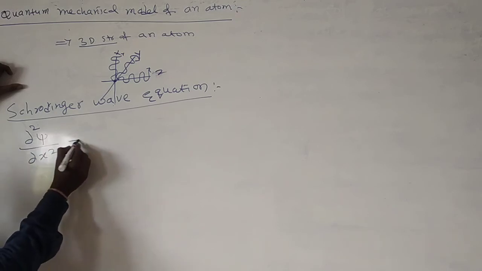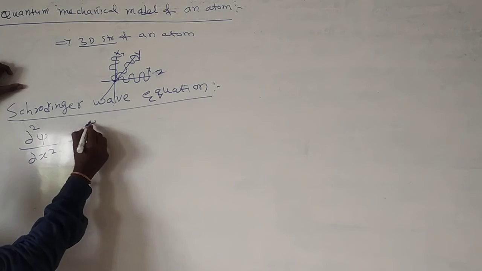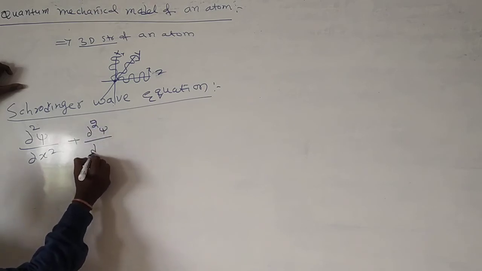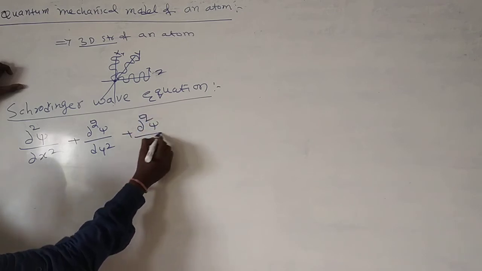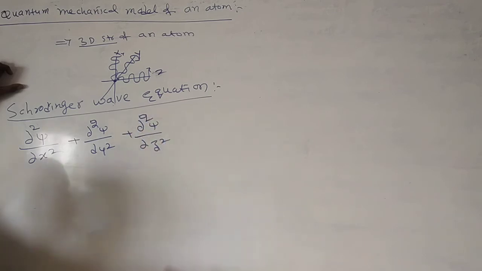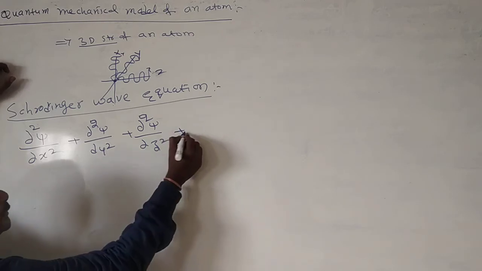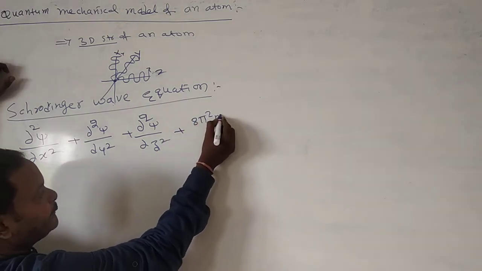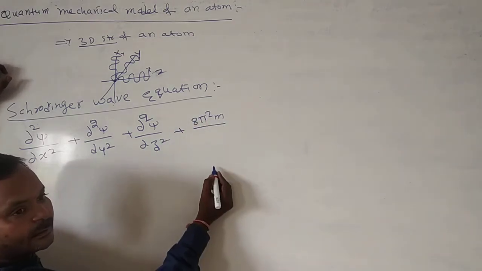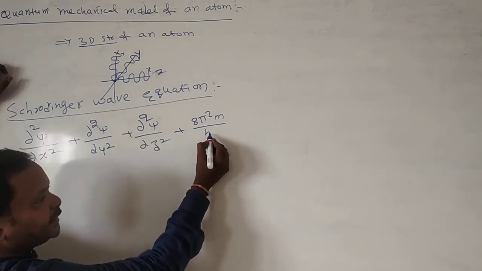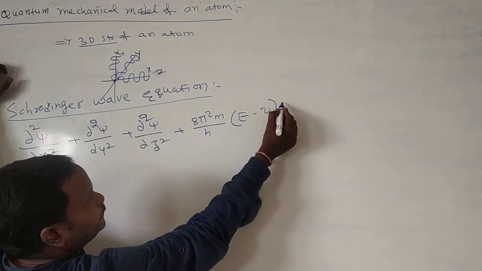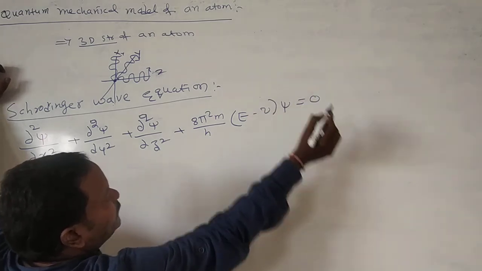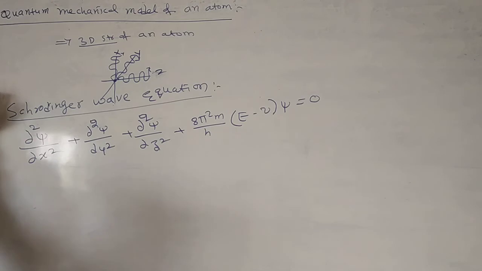Dou square psi by dou x square plus dou square psi by dou y square plus dou square psi by dou z square plus 8 pi square m by h² (E minus V) into psi is equal to 0. We'll see what psi is. This is the Schrödinger wave equation.